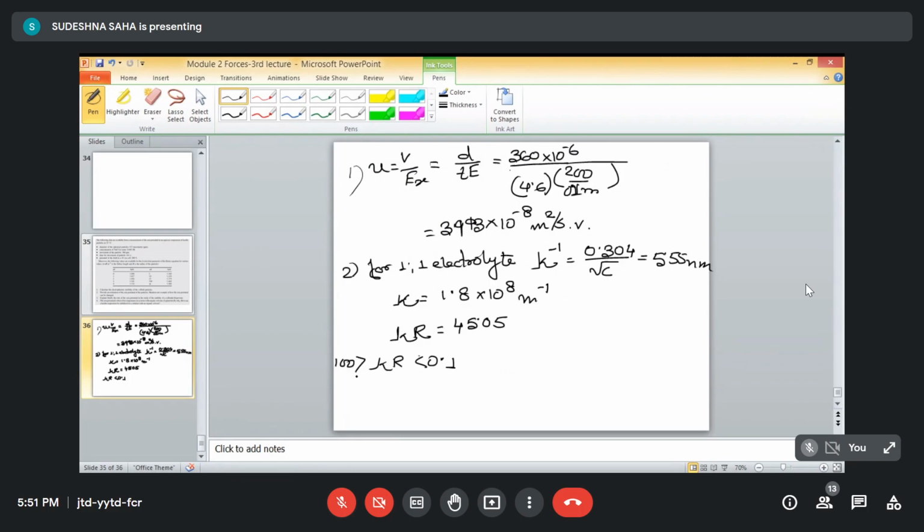Okay, if it is greater than 100, sorry, it is not greater than 100, not less than or equal to 0.1.